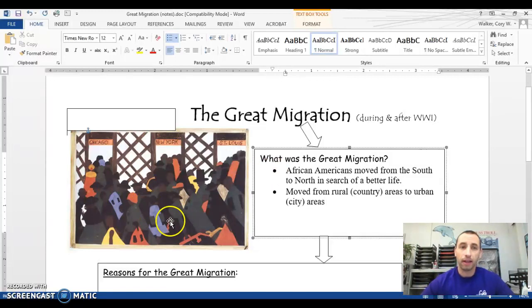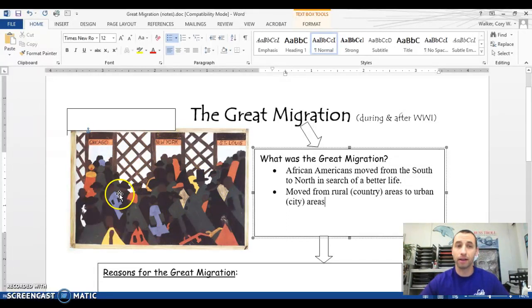Over here to the left is actually a really famous painting that shows a typical scene from the Great Migration. So if the whole event is African Americans picking up from the South during World War I time in the 1920s and heading out of the South to different places, mostly the North, this shows you a scene from a train station.